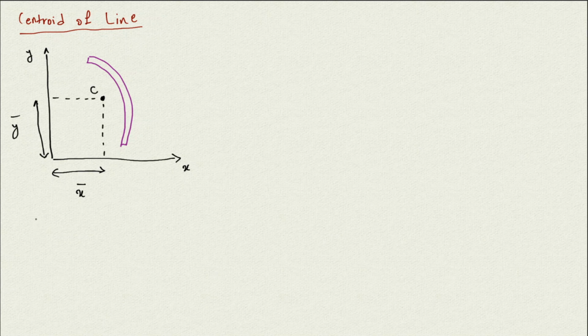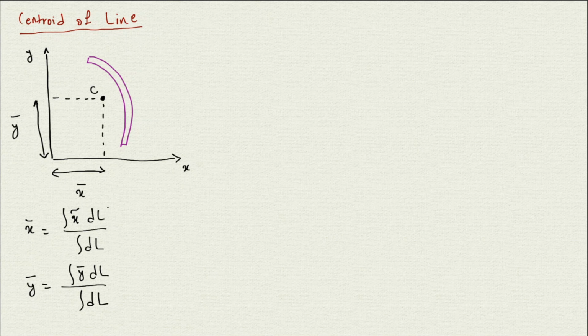As we had before, the distances for the centroid here are similar to the 2D case, but this time we have dl. The previous one we had dA, and here we are going to have dl. Last time the differential element was the area element, and here it's the length element.